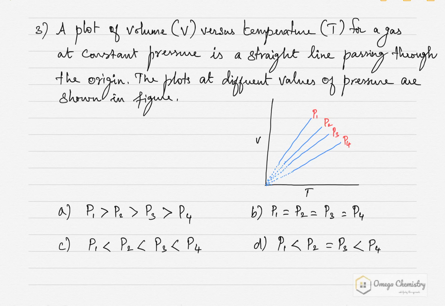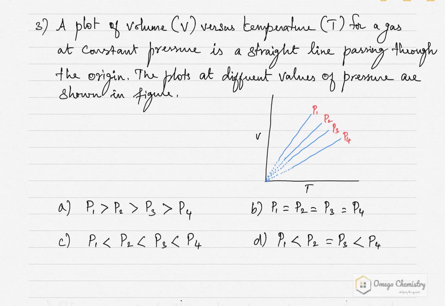So I know Boyle's law, which states that the pressure is inversely proportional to volume at constant temperature. So I can write P1 V1 is equal to P2 V2, which is equal to P3 V3, that is equal to P4 V4. From the graph, I understand that P1 has greater volume and P2 has lesser volume.